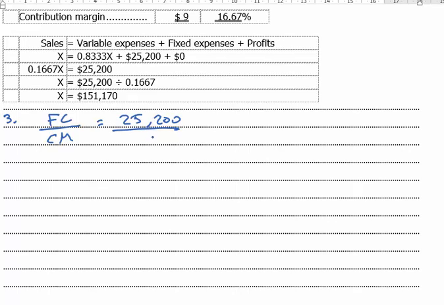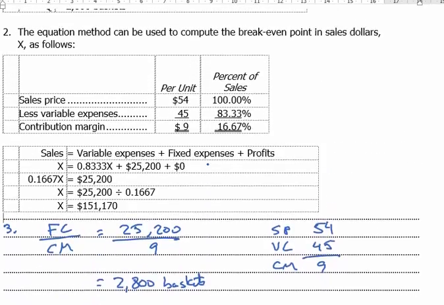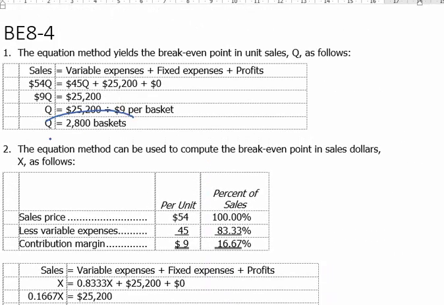Contribution margin per unit: selling price 54, variable cost 45 gives us a contribution margin of 9, right? So 25,200 divided by 9 gives us a break even of 2,800 baskets. And that should jive with what we calculated up here.